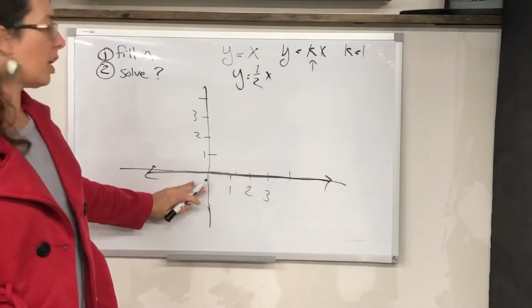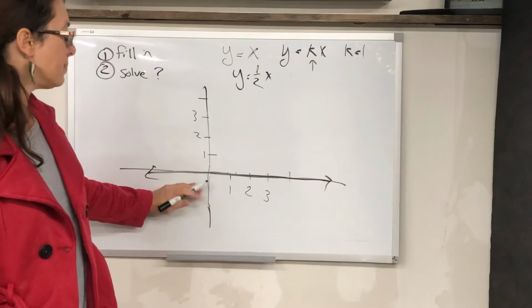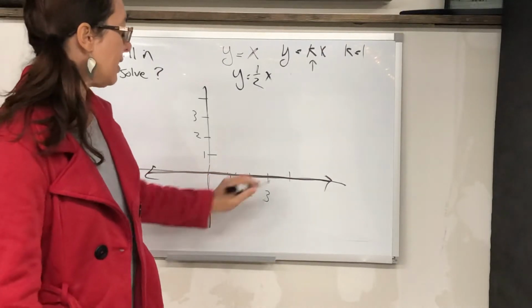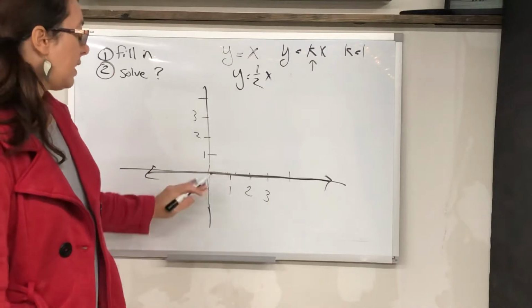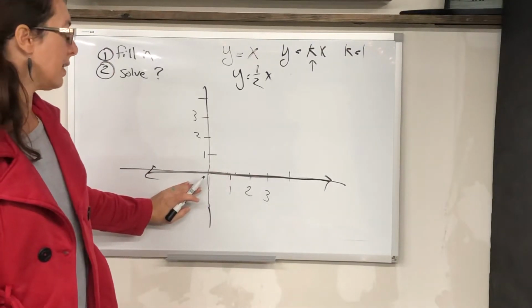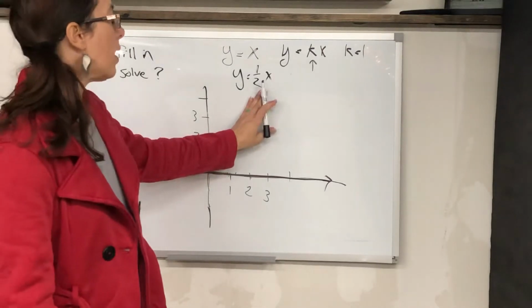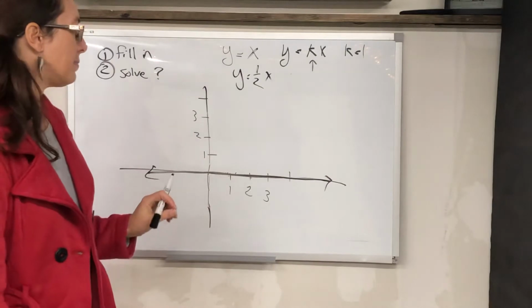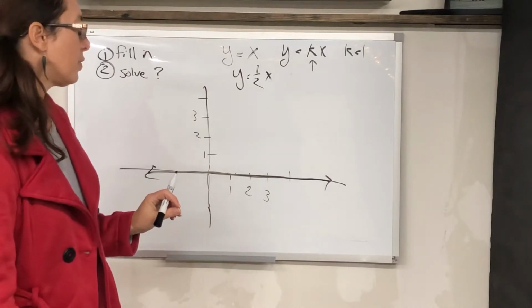Specifically on our graph right here, every number for x ends up being the exact same number for y. No matter what I put in for x, I'm going to have the same answer for y.